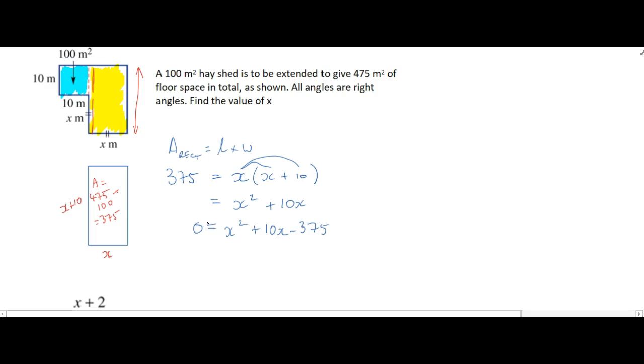This is a little bit trickier because we're going to have to look at this number here and work out factors of it that add up to 10. I'm going to work through that off camera and then I'll come back.